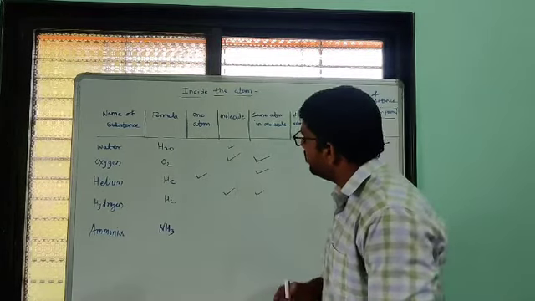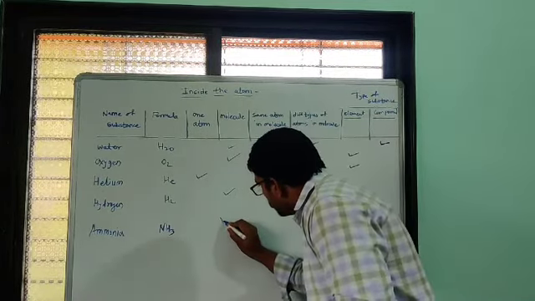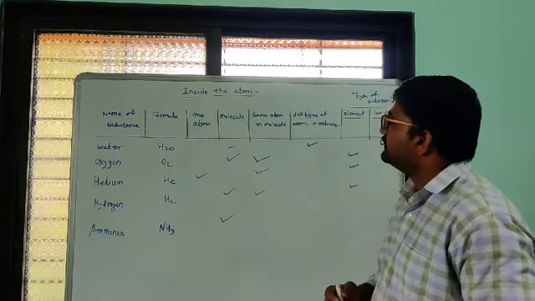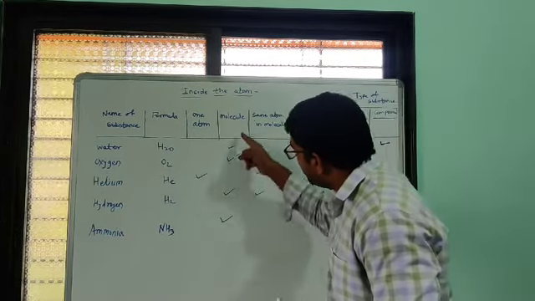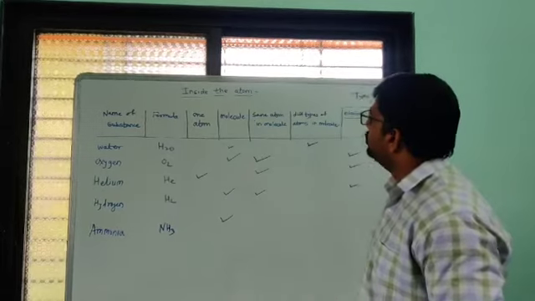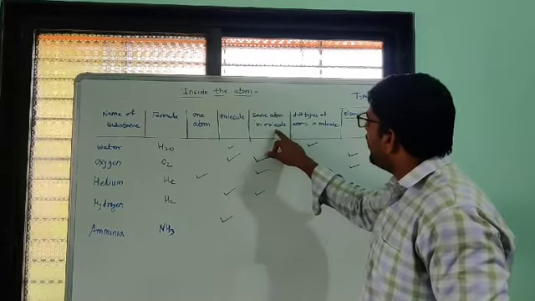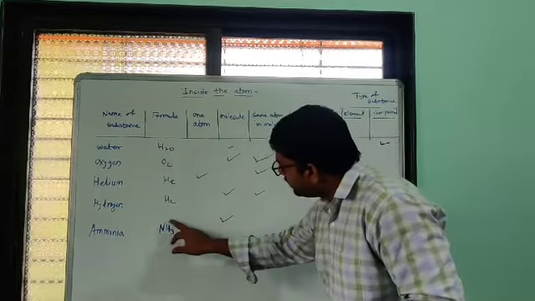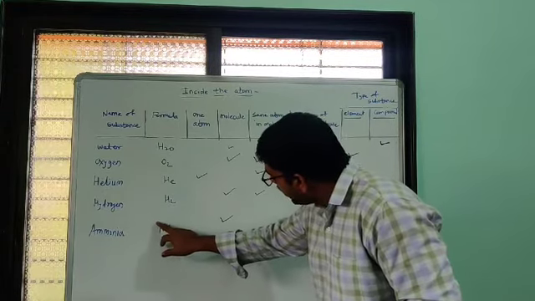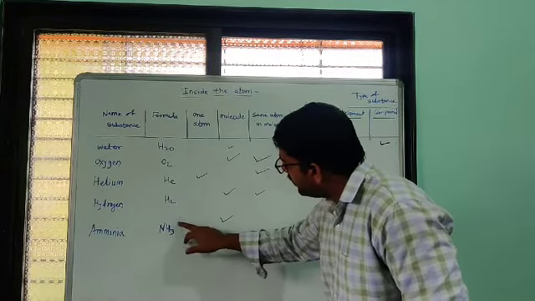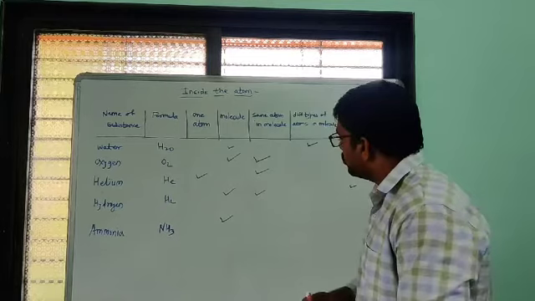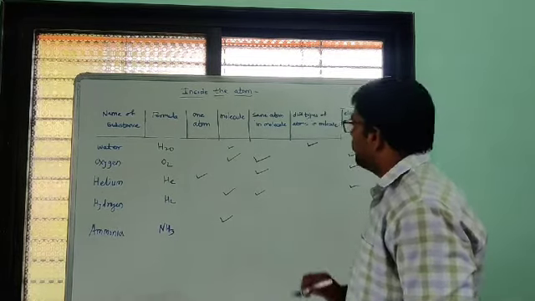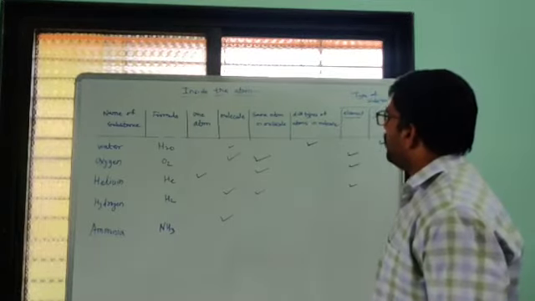Next, is it a molecule? Yes. Two or more types of atoms are combined with each other, so it is called a molecule. Are the atoms in the molecule the same? No, nitrogen is one type of atom and hydrogen is another type. So this is not the same type of atom in the molecule.